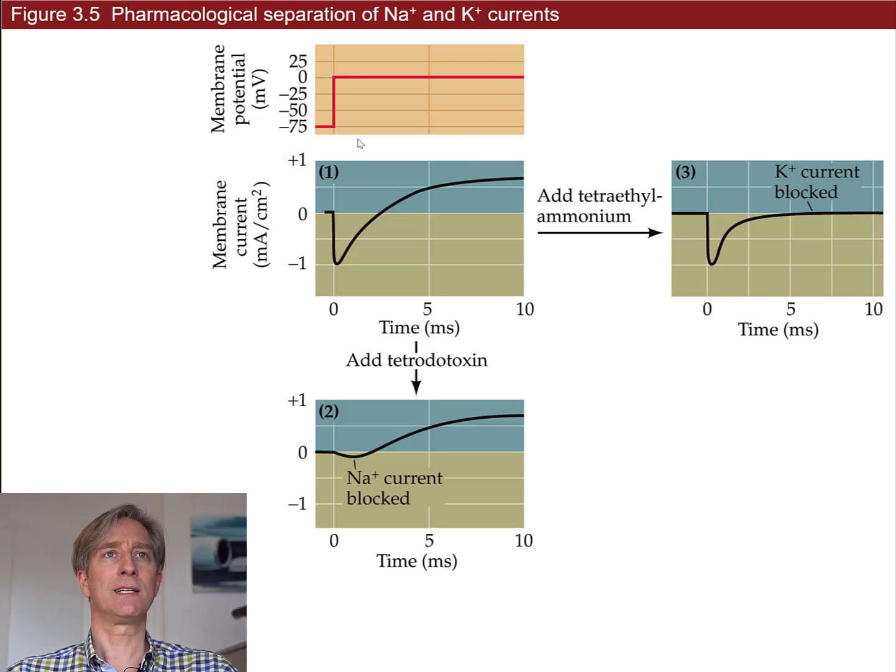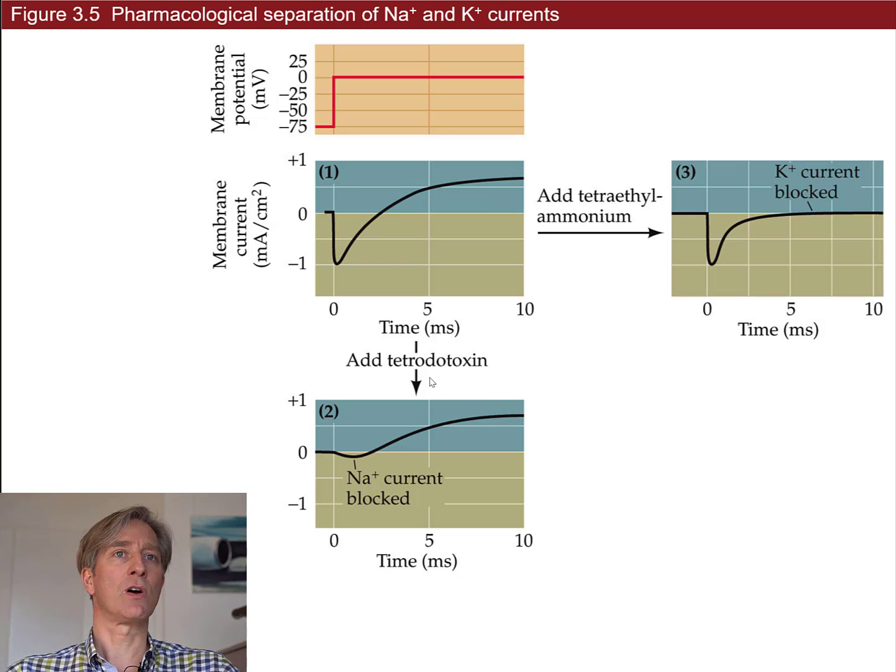And not surprisingly, the other current is potassium dependent. So you repeat exactly the same experiment, but now you add tetrodotoxin, also known as TTX. It's a venom that is used by animals as defense. For example, the pufferfish uses it as a defense, or it's used by octopus to kill prey.